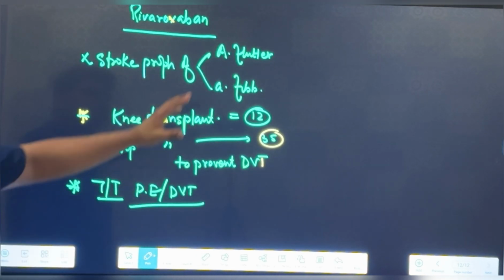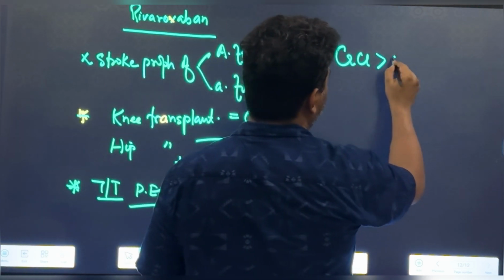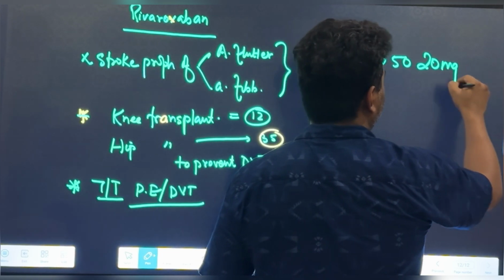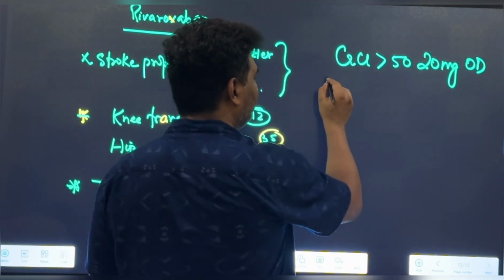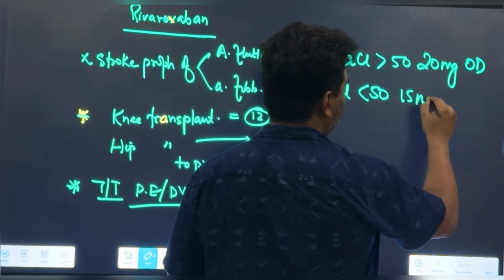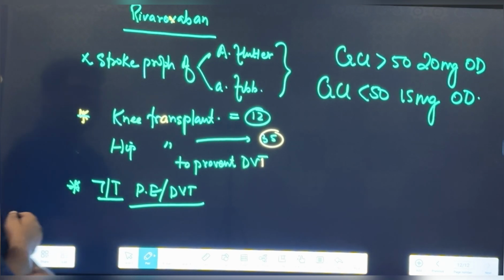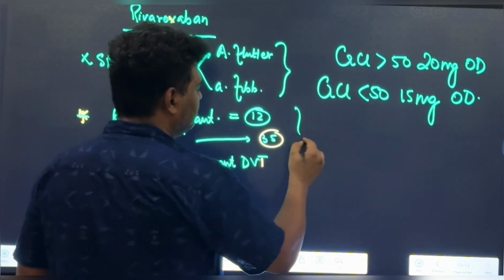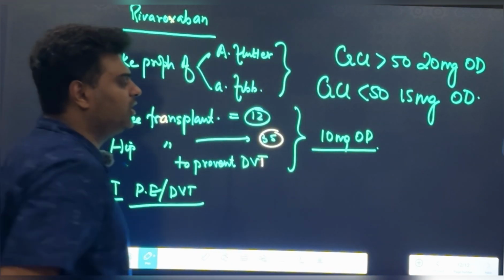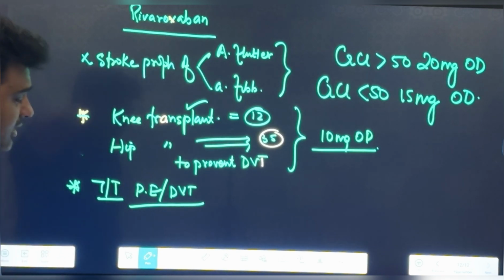So, in stroke prophylaxis of atrial flutter and atrial fibrillation, what is the dose? If creatinine clearance is more than 50, the dose is 20 mg OD. If creatinine clearance is less than 50, the dose is 15 mg OD. Now, in knee replacement or hip replacement, the dose is 10 mg OD, but in hip replacement it is given for 35 days, and in knee replacement for 12 days.